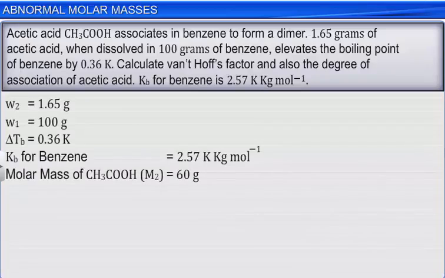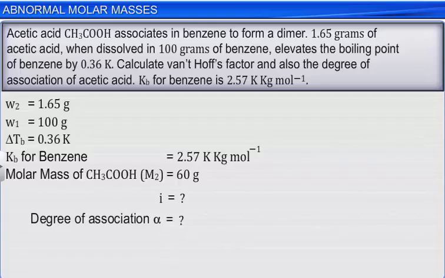W2 is equal to 1.65 grams. W1 is equal to 100 grams. Delta Tb is equal to 0.36 Kelvin. Kb for benzene is 2.57 Kelvin kilogram per mole. Molar mass of acetic acid, M2, is equal to 60 grams. Van 't Hoff's factor i and degree of association need to be calculated.